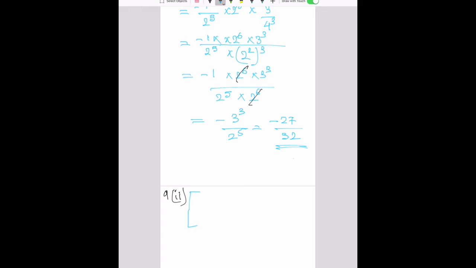Okay. So this question is minus 3 by 4 to the power 3 minus 5 by 2 to the power 3 into minus 2 by 3 to the power 4. Right. Okay, great. There is a negative sign also.